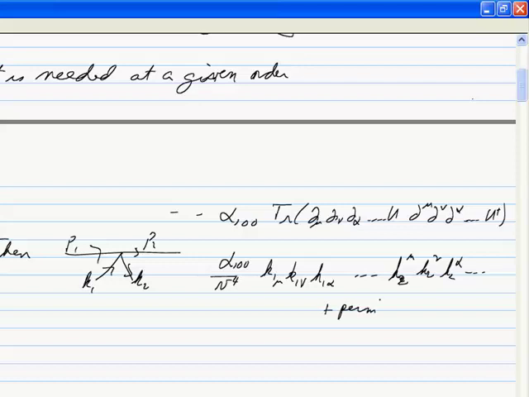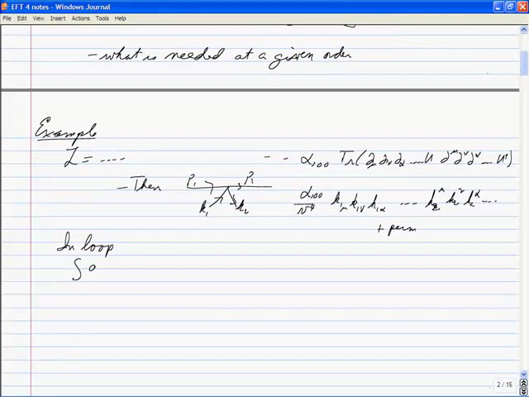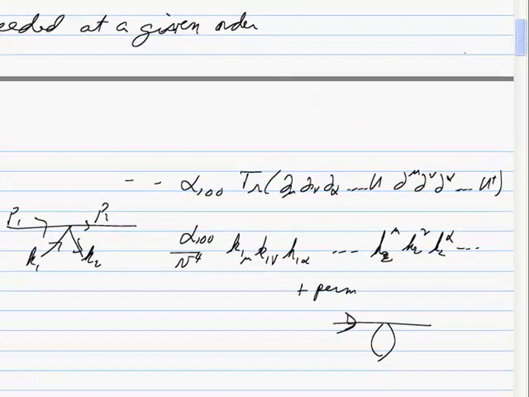Okay, we're going to stick this in a loop in the next step. Some of the times these momenta will be P1s or P2s, sometimes it'll be K1, K2. So in the permutations you go over all those guys. But there are certainly ones that look like this, because you can have all those derivatives acting on one of the fields. Then in a loop, we would have an integral. So here's my P1, P2.